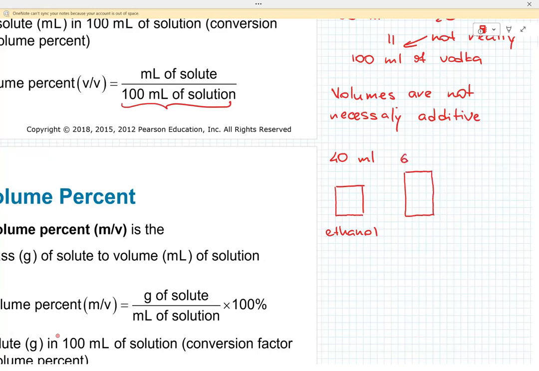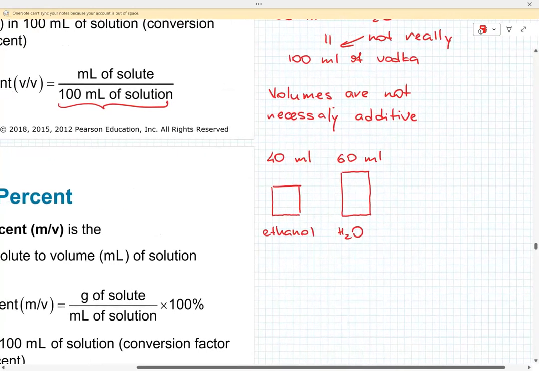This is 60 ml. This is water. Okay? Is this a ratio 40 to 60 in milliliters? Sure. Now, we add them together.